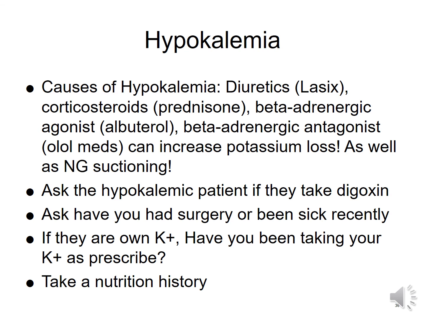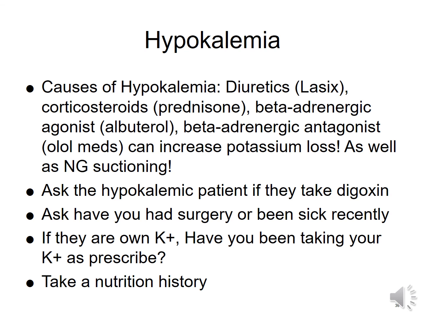They may have anorexia, nausea and vomiting, abdominal pain. They'll be fatigued, weakness, blurred or double vision, yellow or green or white halos around objects. That's dig toxicity. So if you have low potassium and they're on dig, check for dig toxicity.